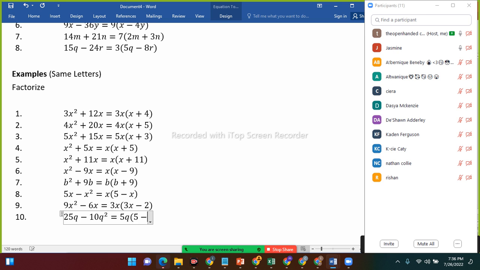So minus what? What times 5 gives me 10? 2. But we need a q squared, so 5 times q, we need another q, right? So 5q, open bracket 5 minus 2q.